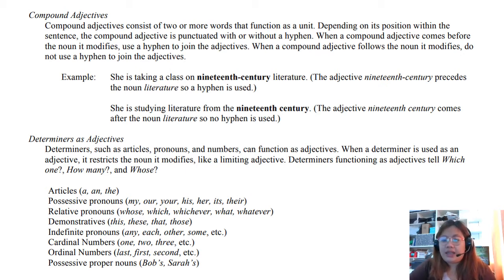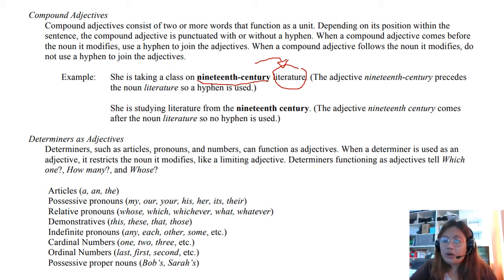So let's study an example to highlight that discussion. Our sentence reads, she is taking a class on 19th-century literature. If you will notice, our compound adjective here is 19th-century, describing what type of literature. Our adjective is hyphenated because it comes before the noun it modifies.